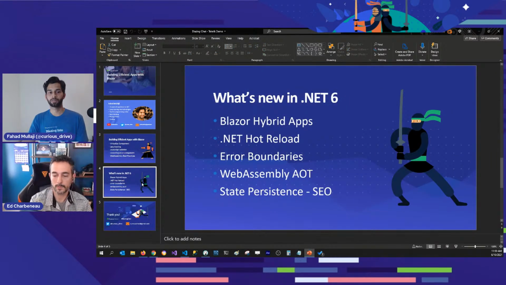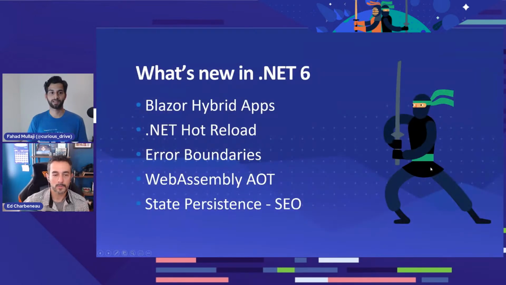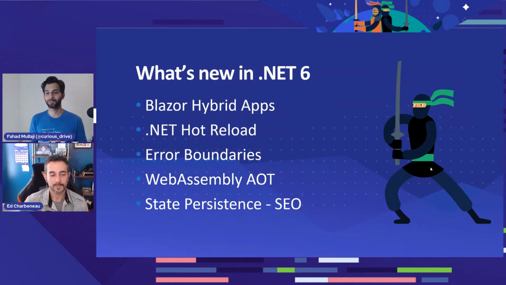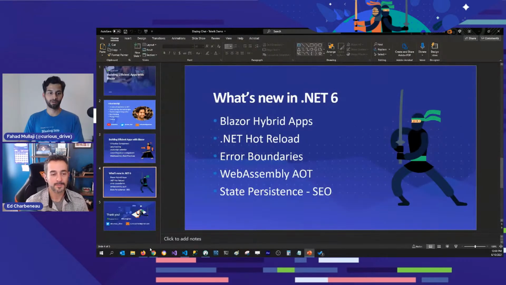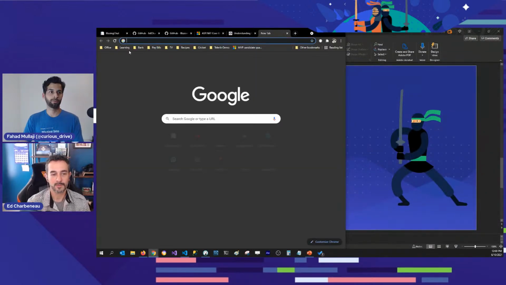Next thing I want to talk about is what's new in .NET 6. .NET 6 is getting released in November. I'm very excited about it. I'm very excited about Blazor Hybrid App. So what I want to do is convert my BlazingChat application to a Blazor Hybrid application. Dan Roth, I think on day one, showed this Blazor Weather app.